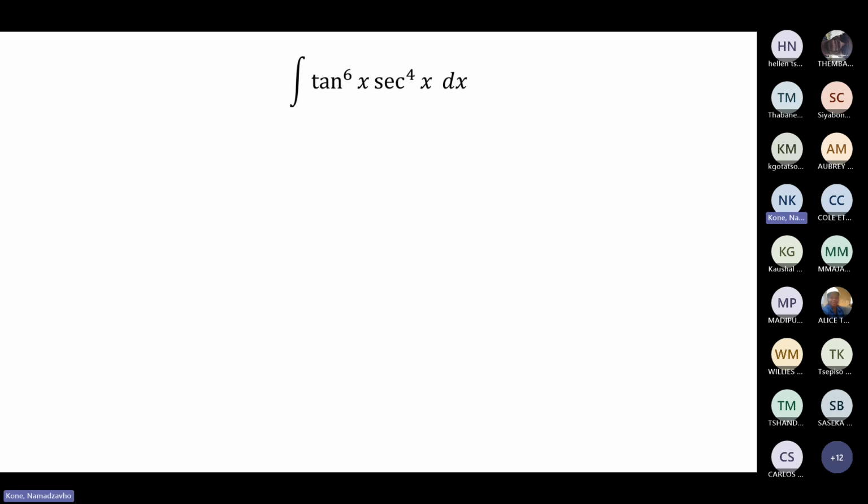Is there a derivative of anything that is tan x as it is without sec? Do we have a derivative that gives us tan x, or gives us sec x? The derivative of tan is sec squared x.